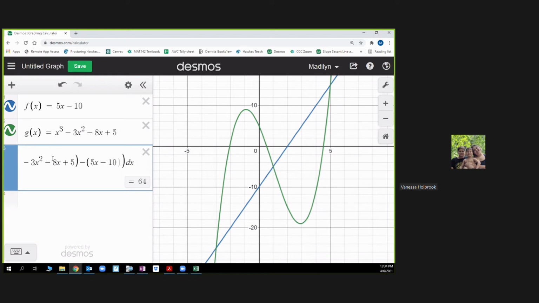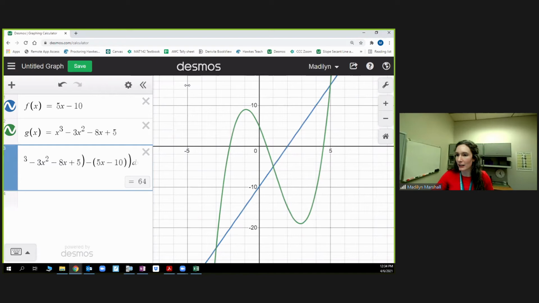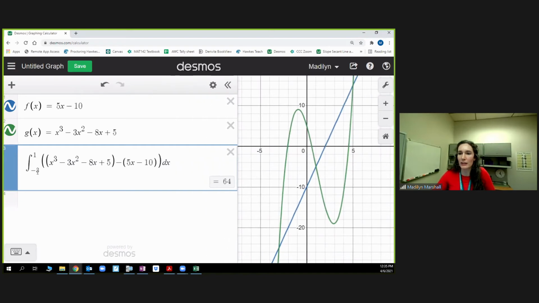Okay. So that looks right. If we look at what's input here, we have -3 to 1, and we have our whole G minus our F, since G is on top. So that would be this first area.